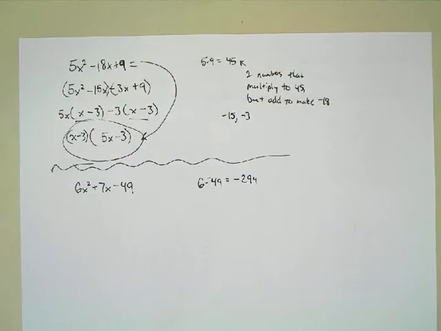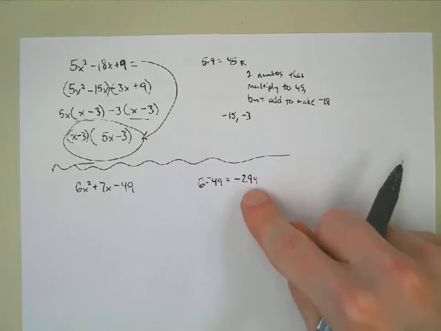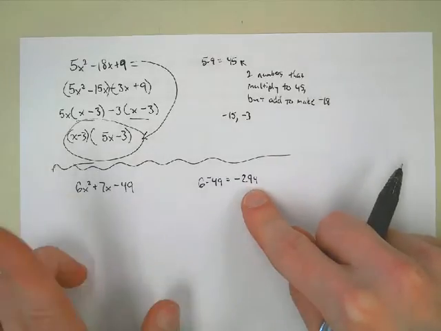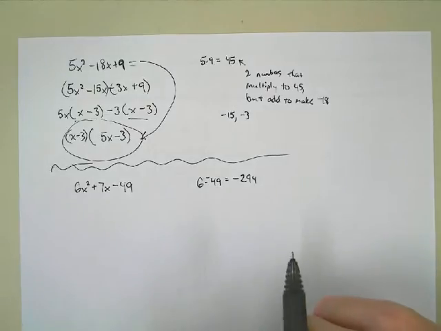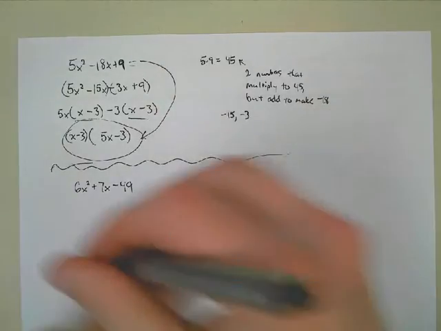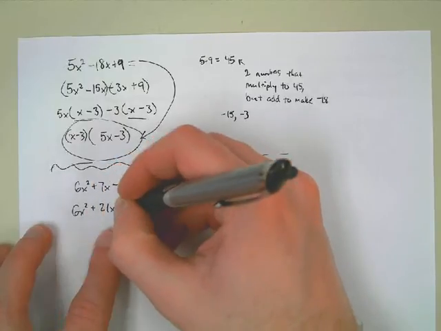I believe it. And now we have the very simple task of trying to figure out what are 2 numbers that multiply to make negative 294, but add to make 7. 21 and negative 14. Sorry? 21, negative 14, okay. So plus 21x minus 14x minus 49.